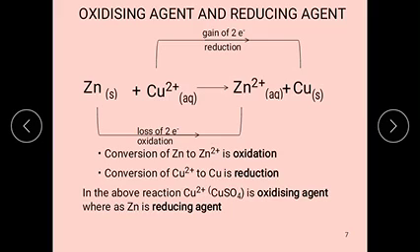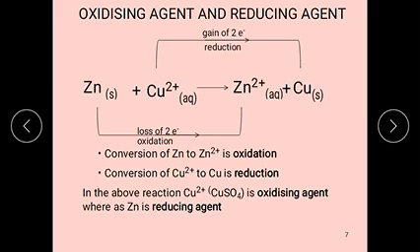In this equation we have learned all the definitions. The process of loss of electrons from an atom or ion is oxidation. The process of increasing the oxidation number, here 0 to plus 2, is oxidation. Next, the process of gaining electrons: copper plus 2 gains electrons and converts to copper, which is a reduction reaction.